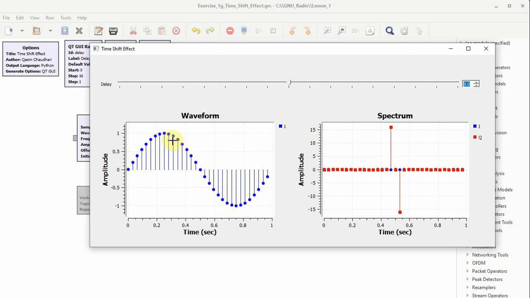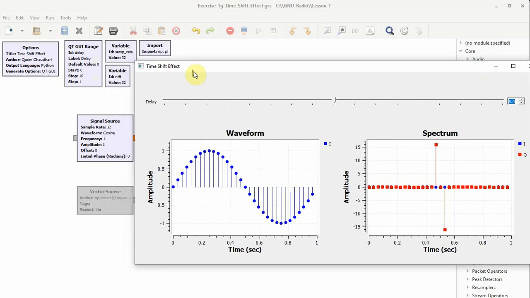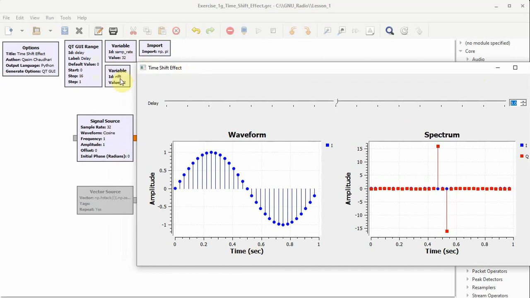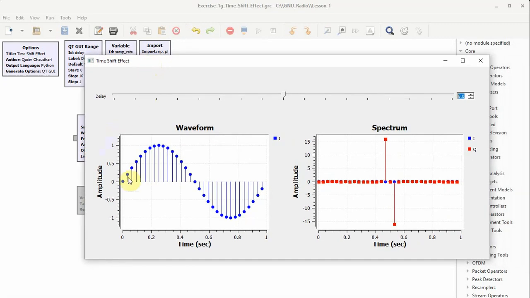And we already know that a cosine delayed by a quarter of a period becomes a sine wave. Why a quarter of a period here? Because you see the NFFT is 32. So 32 divided by 4 is 8, and that's what we can see here, 8 samples.